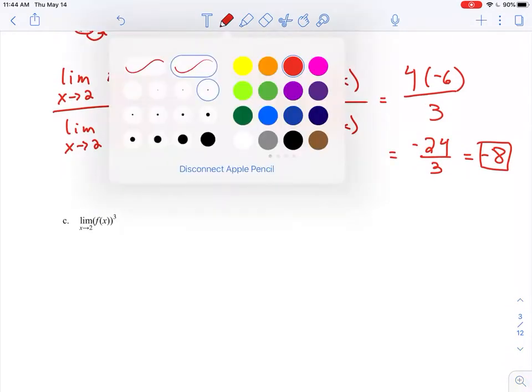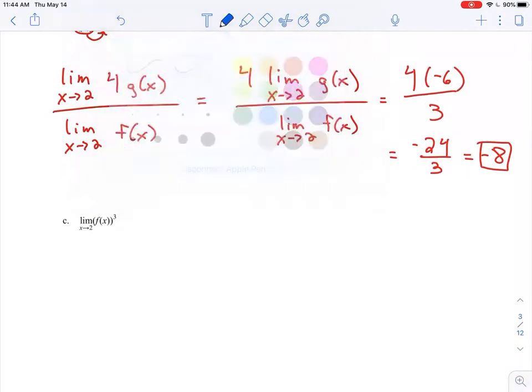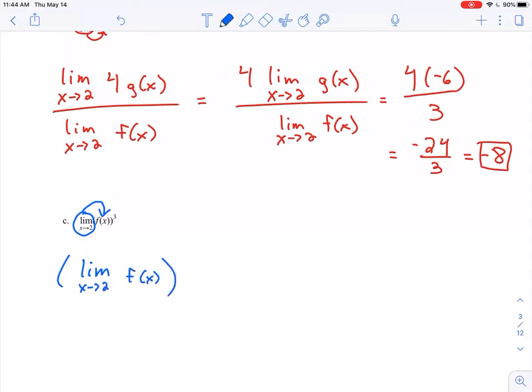In this one, I have the limit as x approaches 2 of f of x raised to the 3rd power. So here's where we're going to use that power rule. It says that for this limit, I can take that and bring it to the inside of my power. So limit as x approaches 2 of f of x, that whole thing raised to the 3rd power.